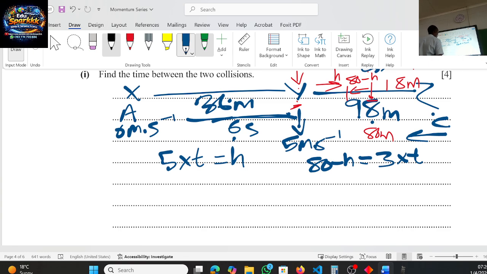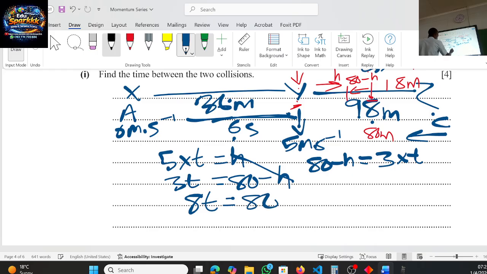So let's eliminate h so that we find the time it takes for them to collide. If we put them in line, 80 minus h equals 3t, and when we sum them, it gives us 8t equal to 80. So the time t is actually 10 seconds. So it looks like it takes 10 seconds for the two collisions to happen.